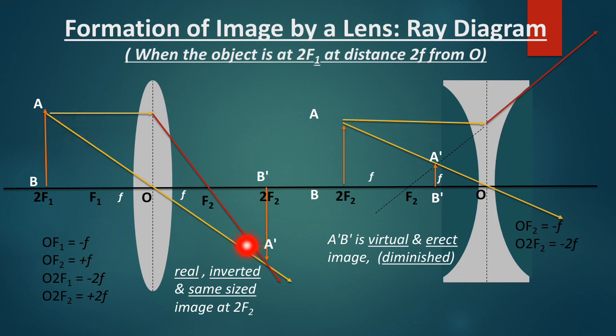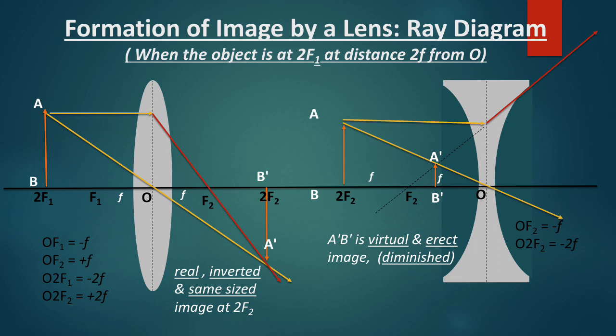So here again we are getting the real inverted image, but this time the size of the image is exactly the same as the object, in the case of a convex lens. Here we are putting the same condition in front of a concave lens. This is the center of curvature 2f2 where we are putting the object, and these are the light rays incident, and we are getting the image here. So here we are getting again a virtual image, erect image, and a diminished image.